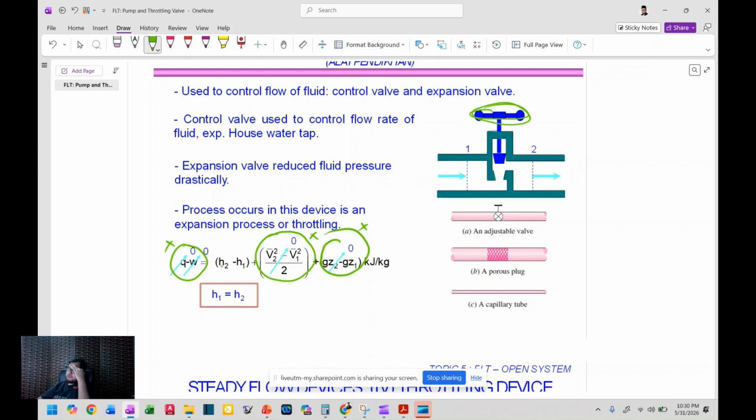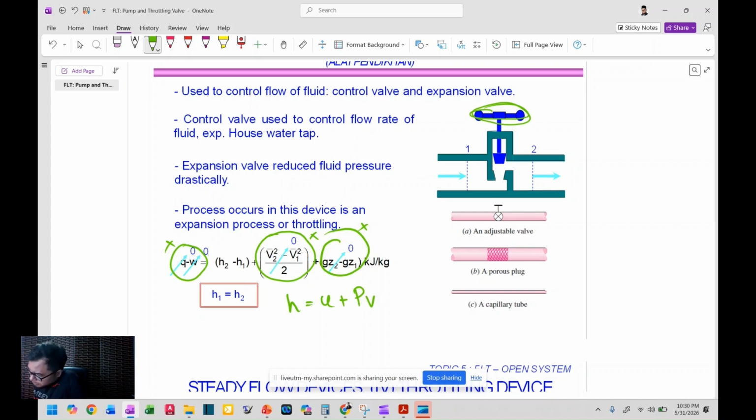And enthalpy, as you know from last time, is a mixture of internal energy and the flow energy, which is pressure times the specific volume.